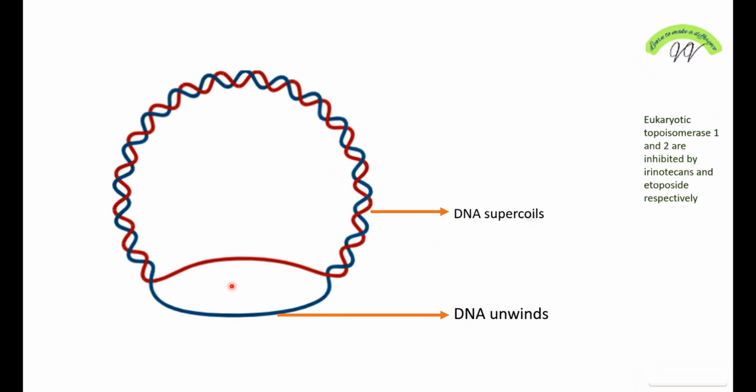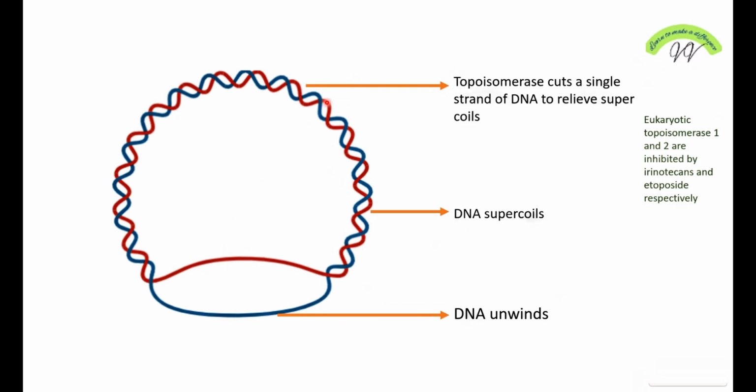In order to prevent DNA breakage due to supercoils, we have topoisomerase, which will cut the strands of DNA to relieve these supercoils. There is topoisomerase 1 and topoisomerase 2. If we inhibit these topoisomerases, then the nick or the cut will not be made in the DNA strands.